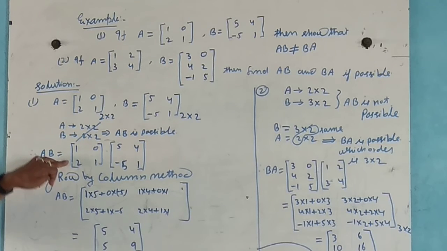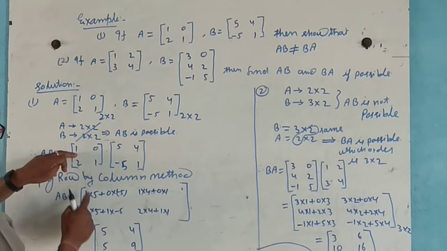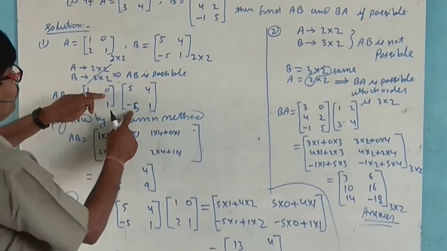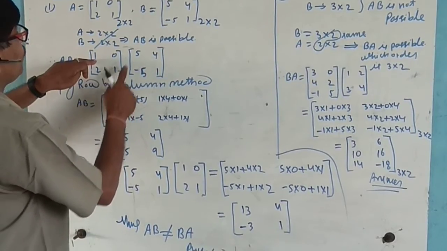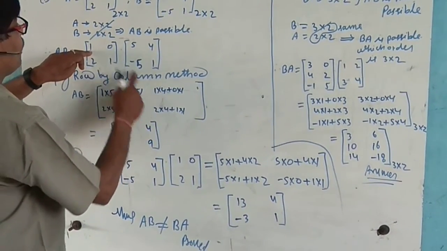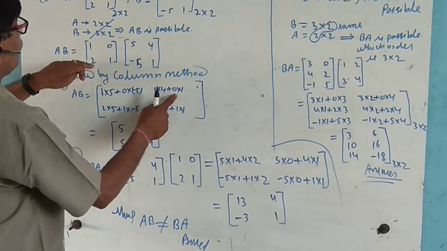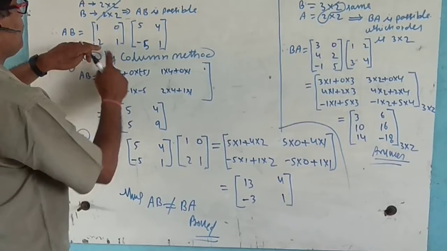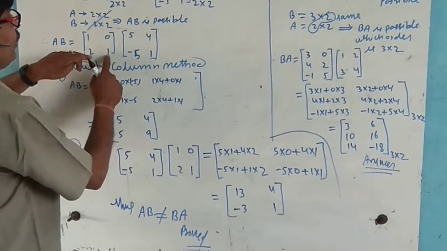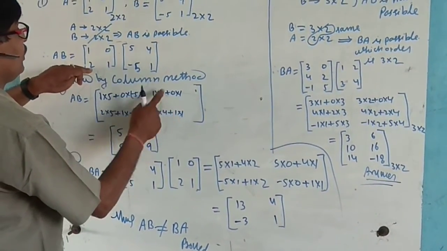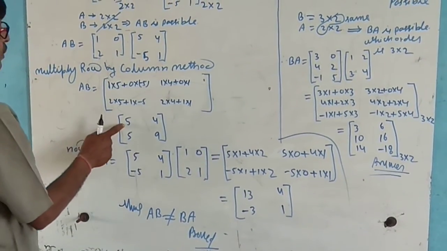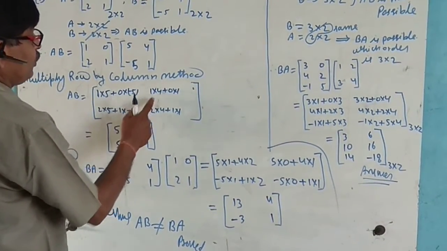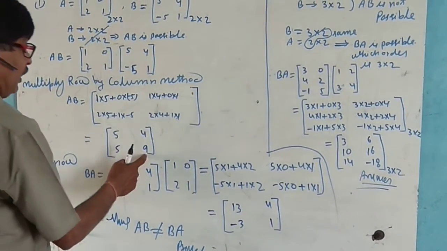In the matrix only the row by column method applies, so row 1: 1 into 5 plus 0 into minus 5, 1 into 4 plus 0 into 1; 2 into 5 plus 1 into minus 5, 2 into 4 plus 1 into 1. So this is 5, 4, 5 minus 5 is 0, 8 plus 1 is 9.